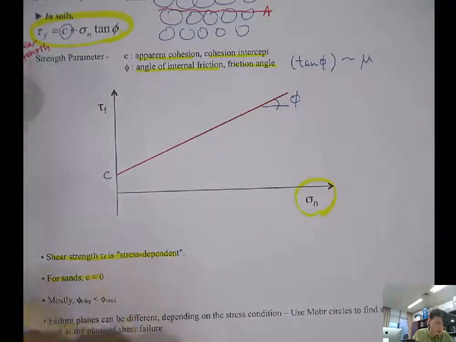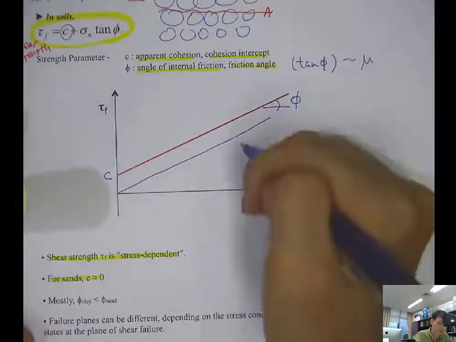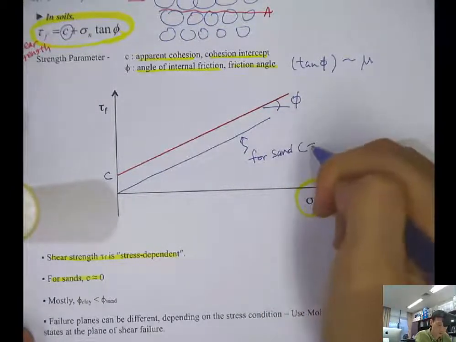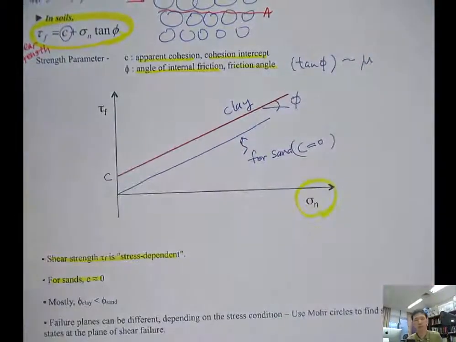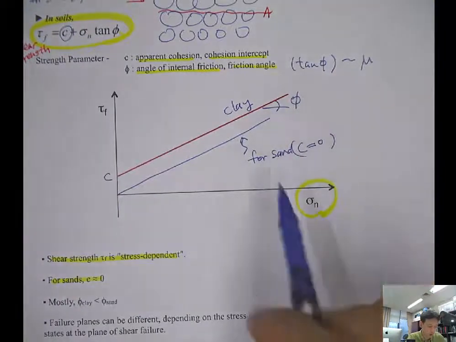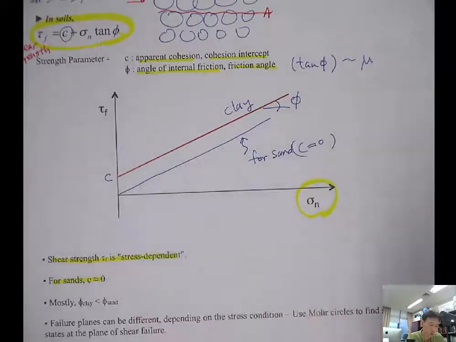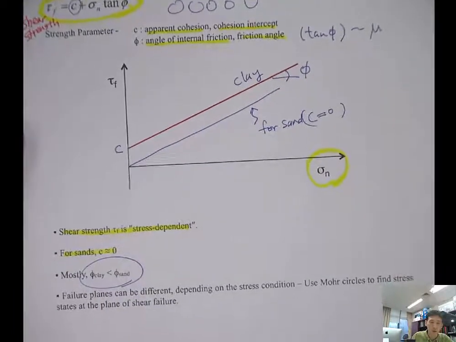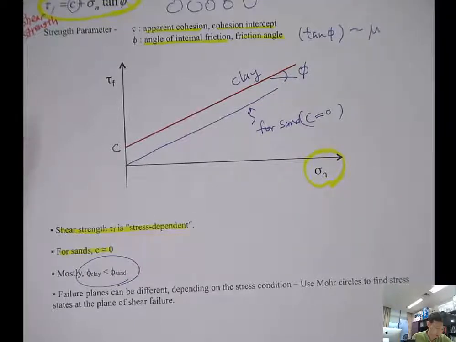For sand, the C is almost zero, so it will be something like this. For clay or silty soil, the cohesion intercept is larger than 0. Mostly, the friction angle of sand is greater than the friction angle of clay.